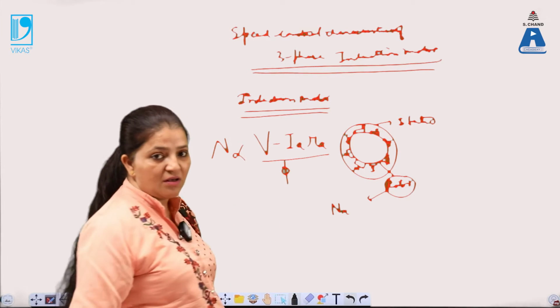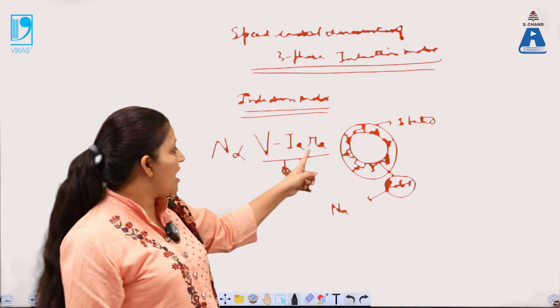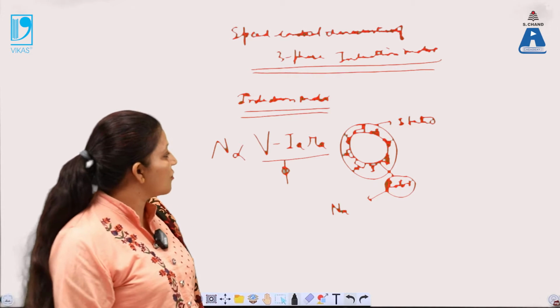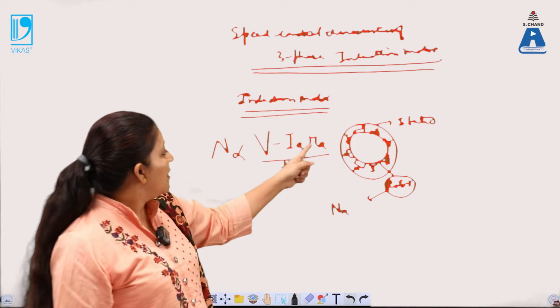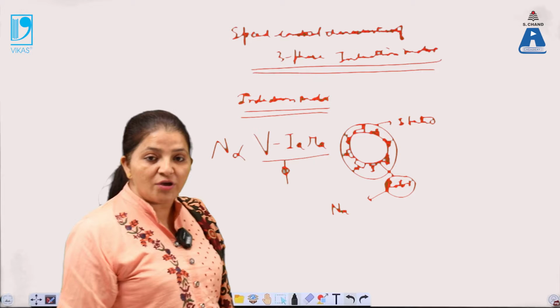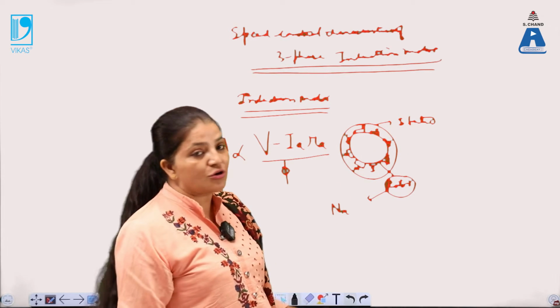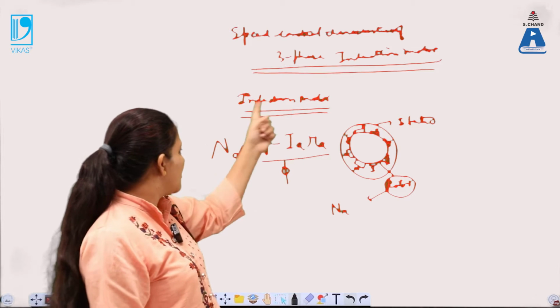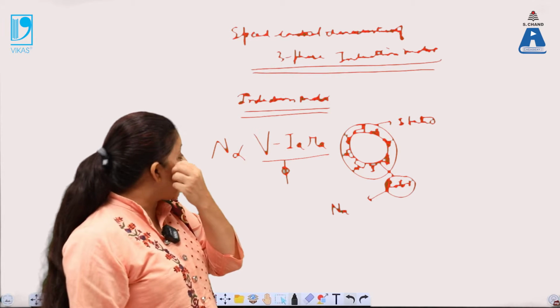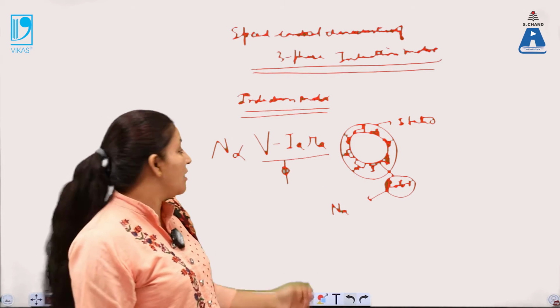What is phi over here? This is the flux. RA is the resistance of the armature coil. IA is the current flowing in the armature coil due to the field applied to the rotor or to the field winding. What is V? V is the applied voltage to the armature coil.